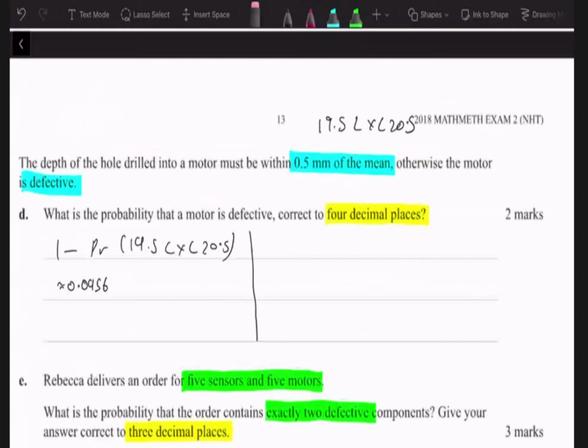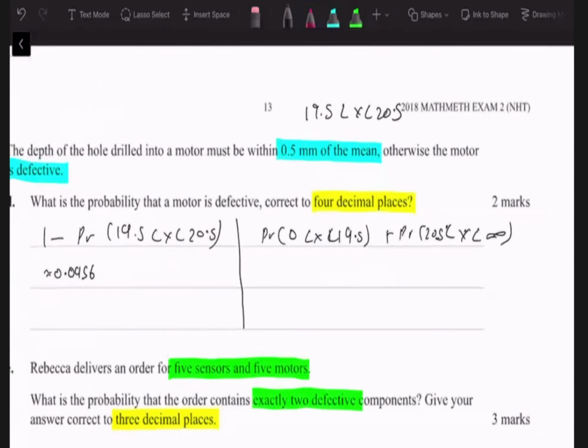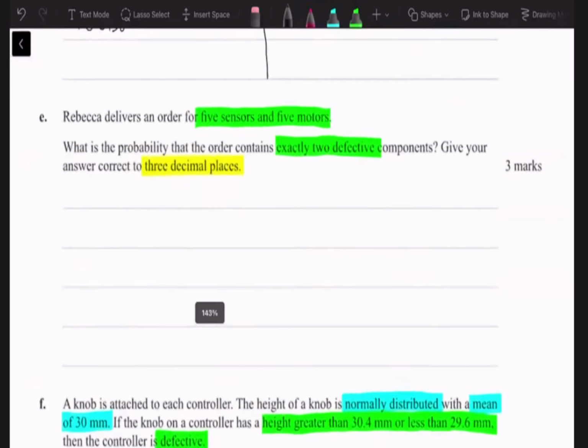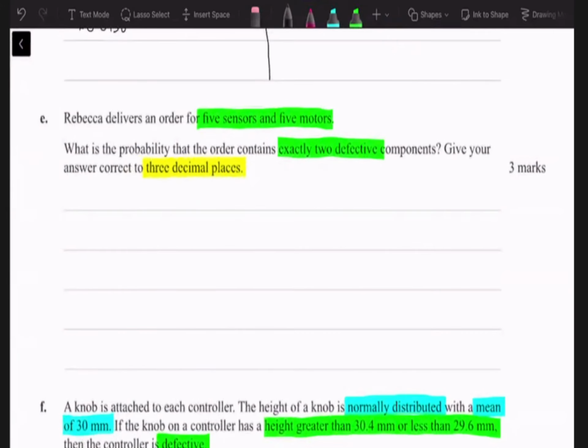You could also do this as the other interval. So the probability that it's between 0 and 19.5 plus the probability that it's between 20.5 and infinity. But that would probably take longer, so just use this one. So now we have a mixture of both of them, and what's the probability that it contains exactly 2 defective components?